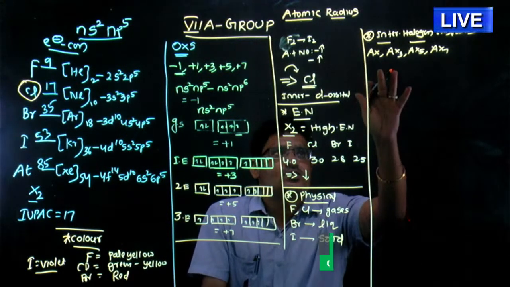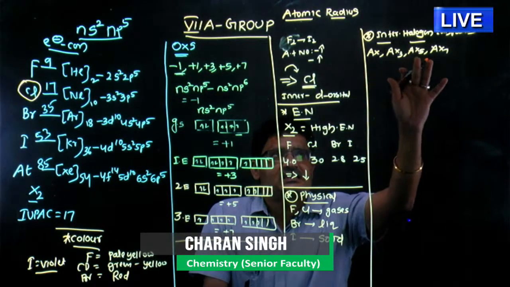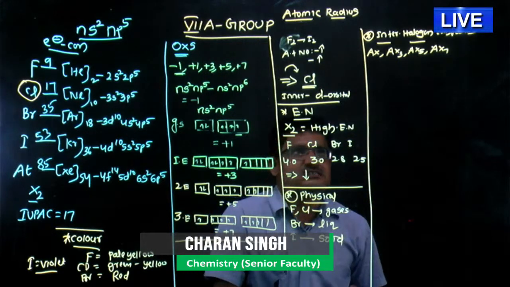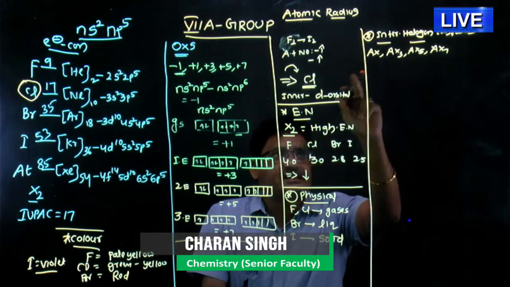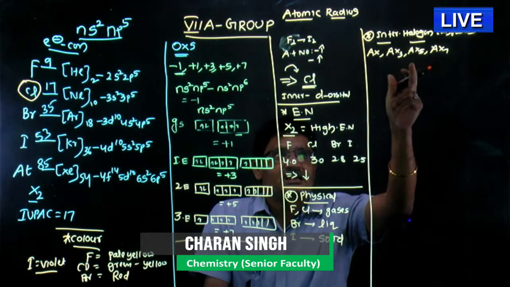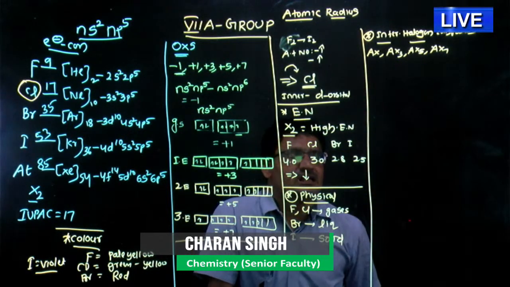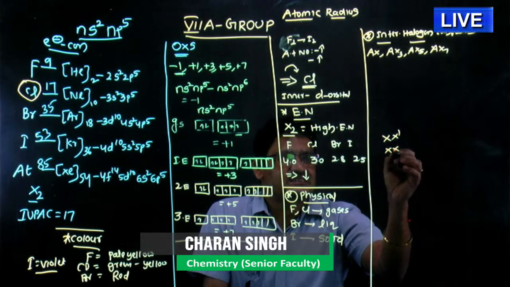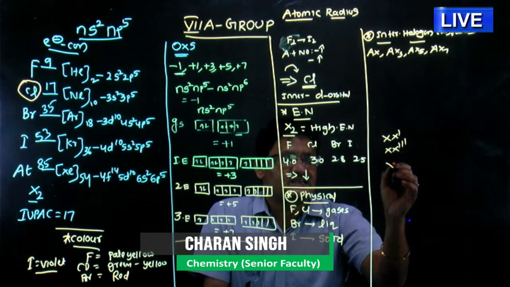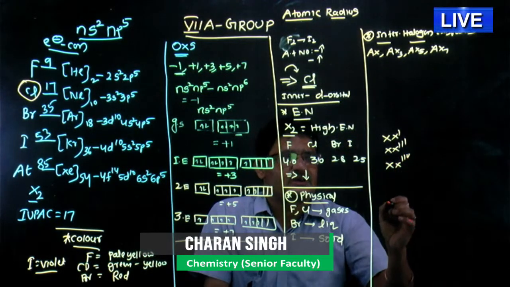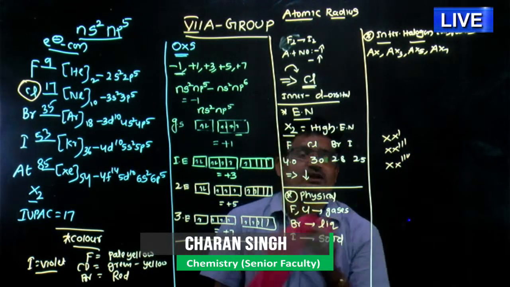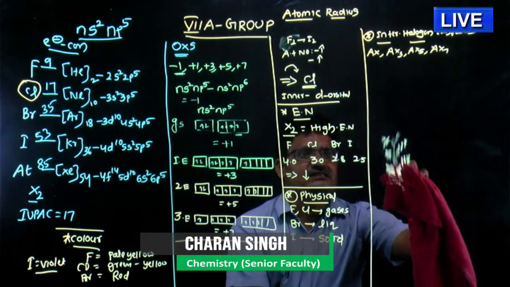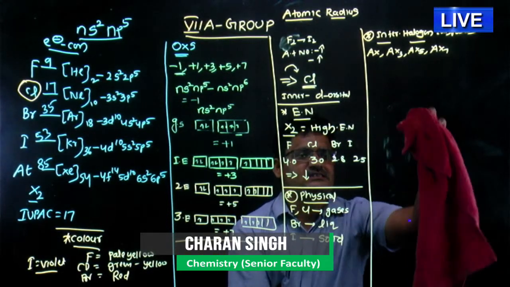How many types? 4 types: AX, AX3, AX5, AX7. Sometimes they are also written as XA, XA3, XA5, XA7. You have to remember any one: AX, AX3, AX5, AX7.